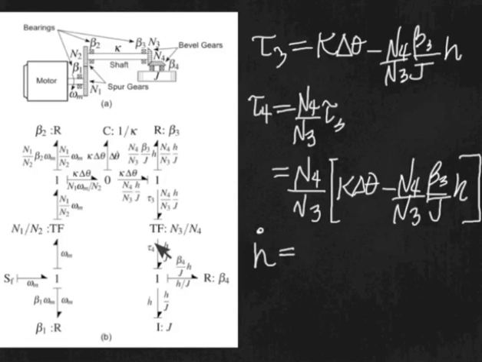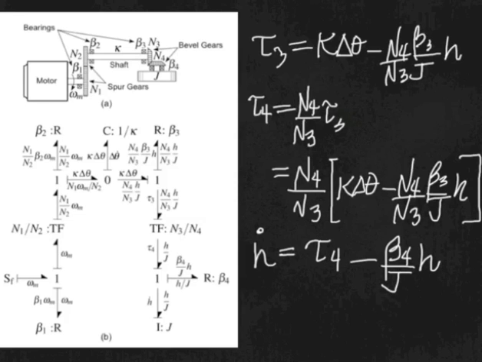We're going to add this one because the power's in. We're going to subtract this one because the power's out. And that difference is going to be h dot. So h dot is torque 4 minus beta 4 over j times h.